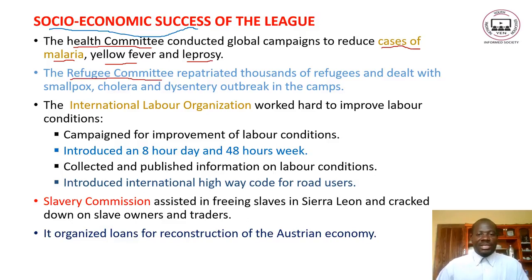It also managed to repatriate, to bring back the refugees. Thousands of them were brought back to their homes. And not only that, this Refugee Committee also dealt with diseases such as smallpox, cholera, and dysentery. So the outbreak of these diseases was controlled, especially in the camps where refugees were housed.